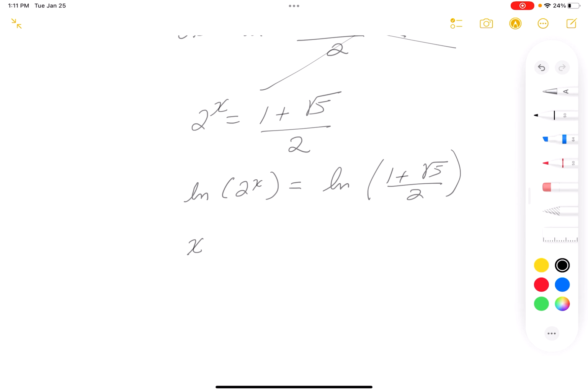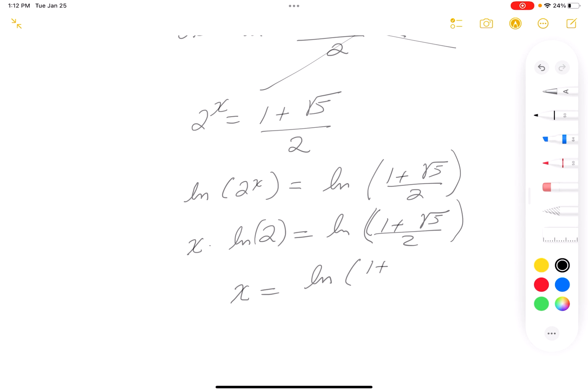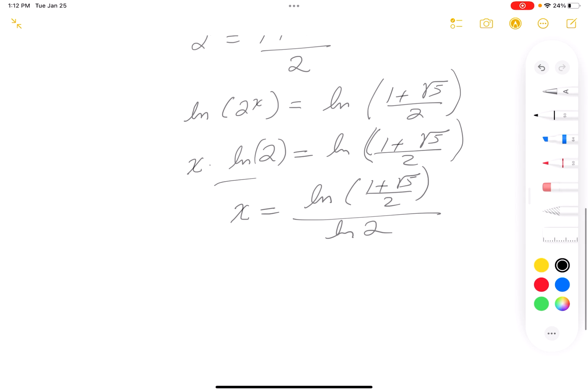Rules of logarithms, this is going to be x times the natural log of 2 equals the natural log of 1 plus root 5 over 2. Solve for x, what do you get? The natural log of 1 plus root 5 over 2 divided by the natural log of 2. This is my answer, final answer.